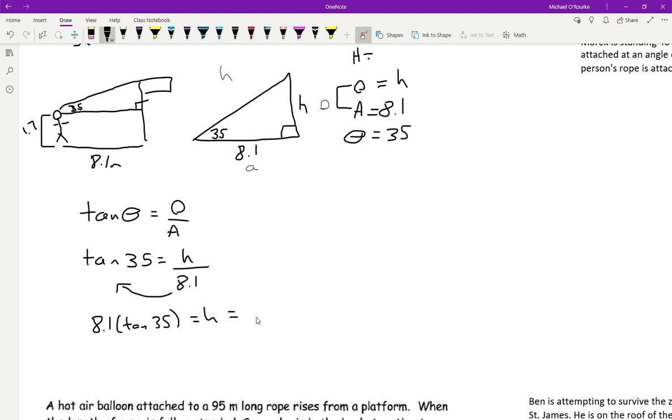Just go to one decimal place. Who can give me the answer for that?